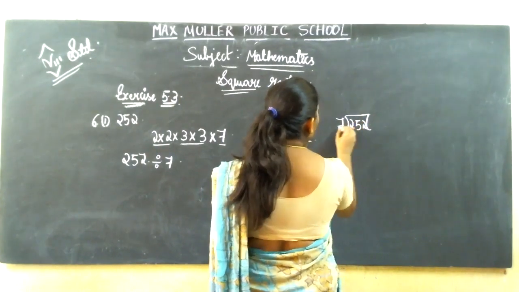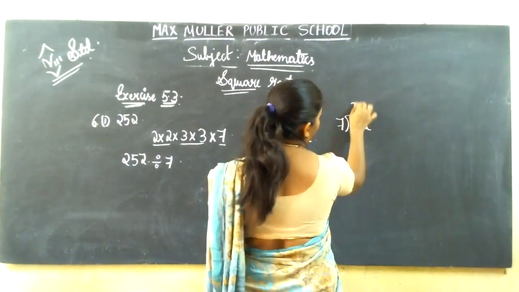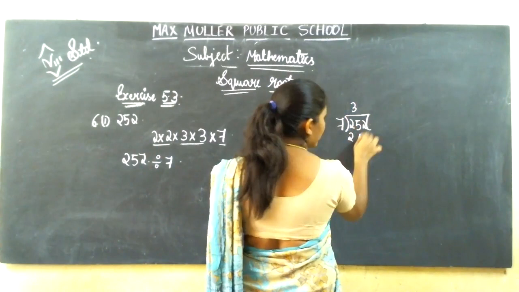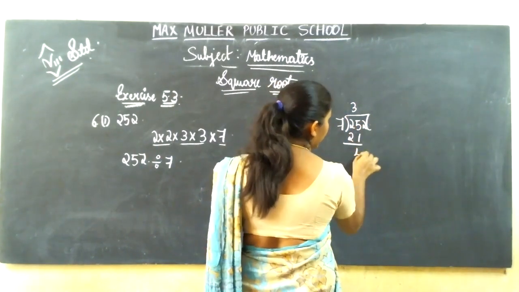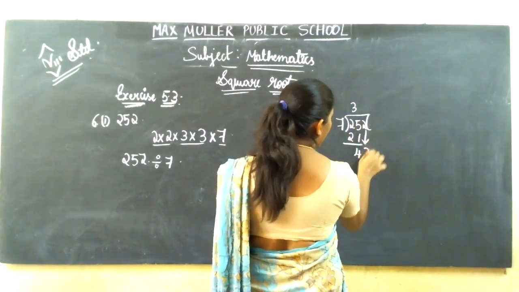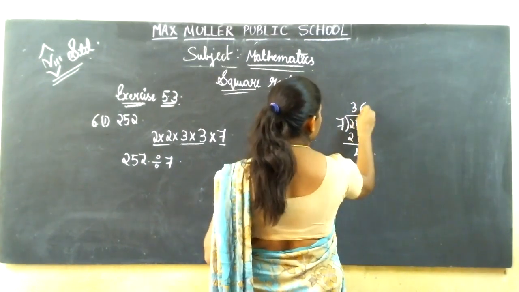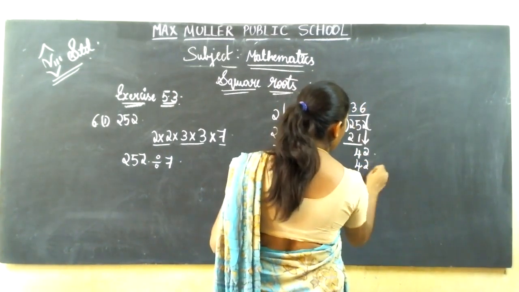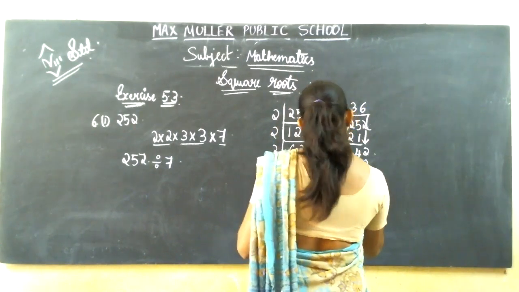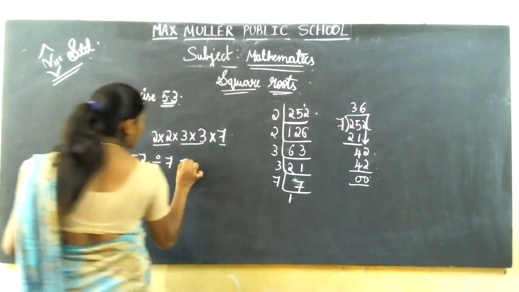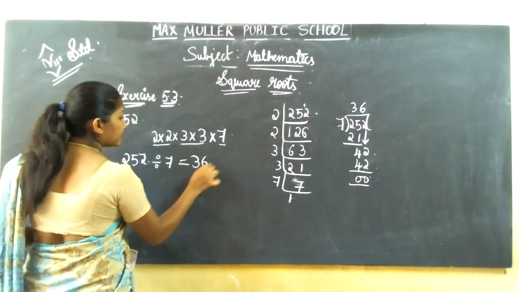You will get 2, again 2 3s are 21, 2 4s are 28, so here 4, bring down 2, 7 6s are 42, and the remainder is 0. So you will get 36.